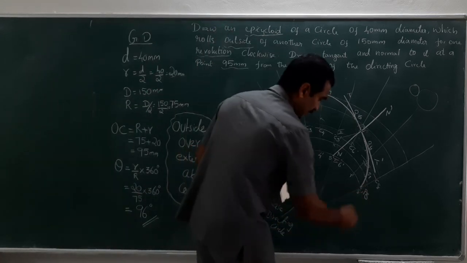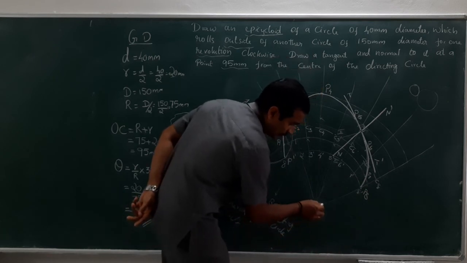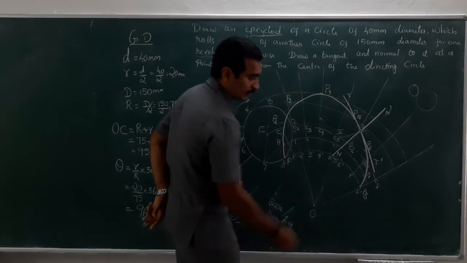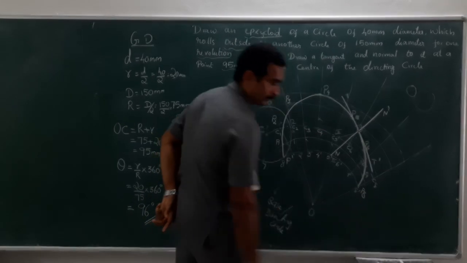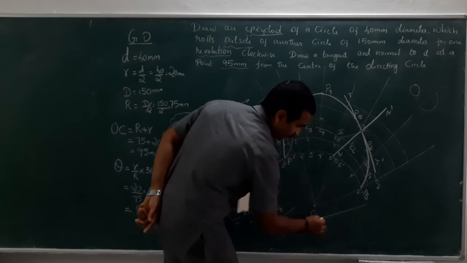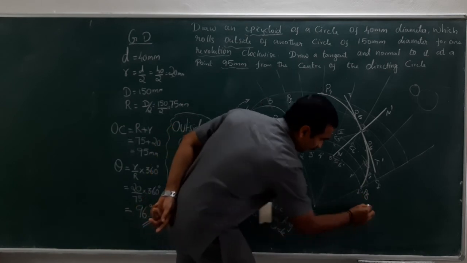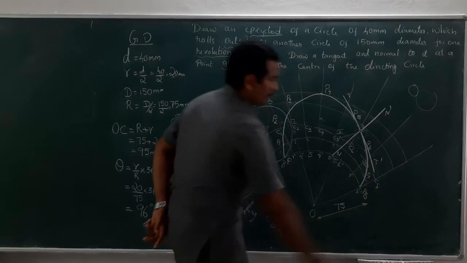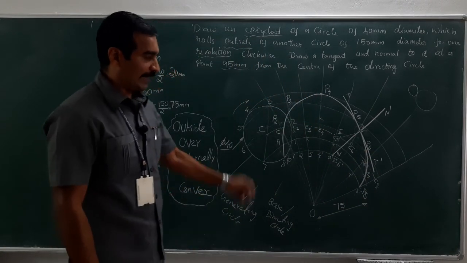So here it is, right? Now draw a line perpendicular to this. Similarly, at the end, perpendicular. Now draw a line parallel to OA dash, which is the radius of the base circle or the directing circle.